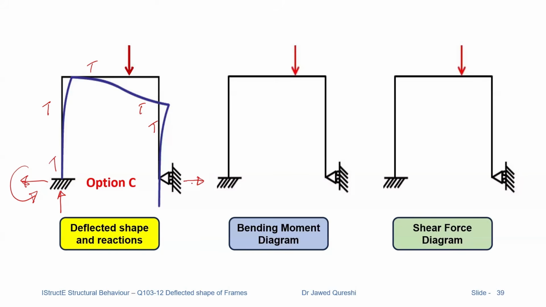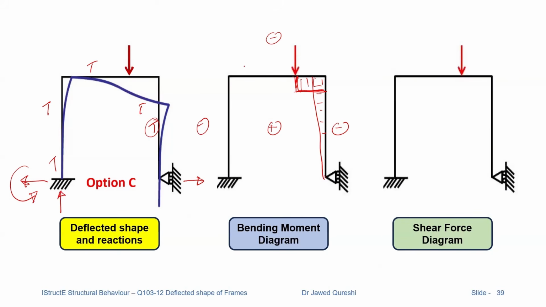Let's first of all draw the bending moment diagram. Firstly, we have tension inside over here. So I will draw this. Positive is drawn inside, negative is drawn outside. Between point load and the end, moment is not changing because we don't have any vertical reaction.